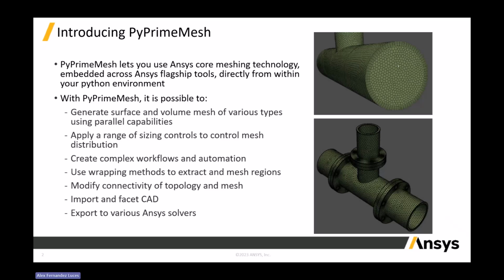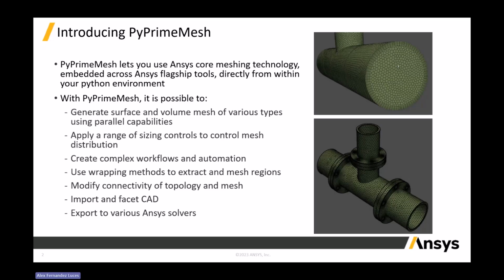PyPrime allows you to generate surface and volume meshes of several types using parallel processing. It also allows you to apply a range of sizing controls to control the mesh distribution. It allows you to create workflows and automation thanks to having these capabilities in Python, of course.